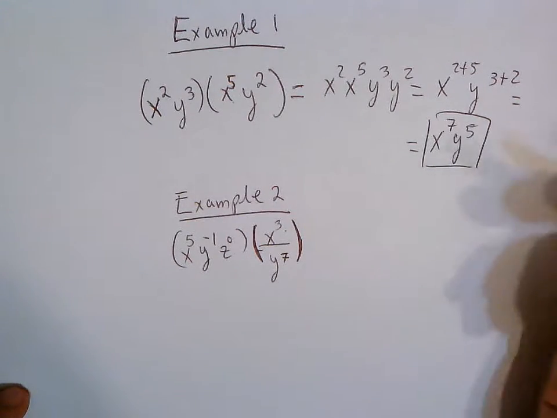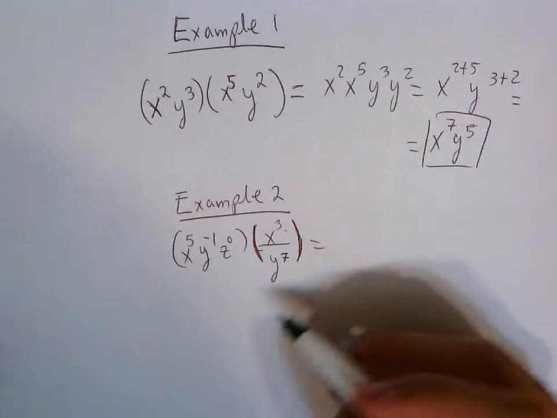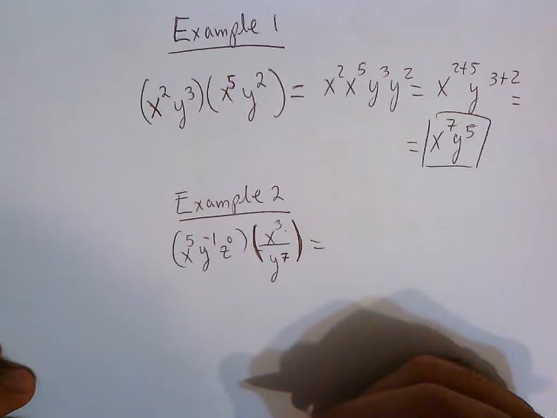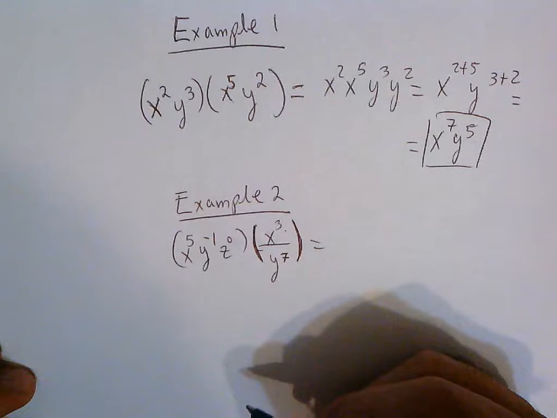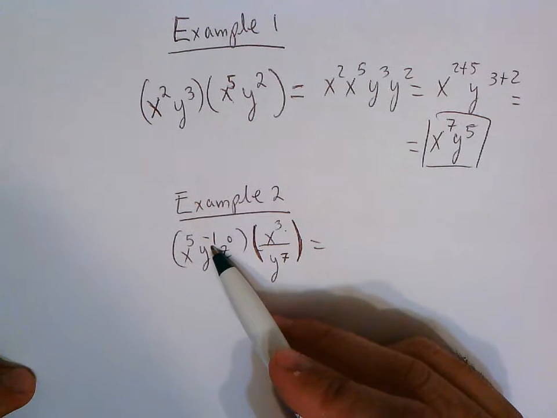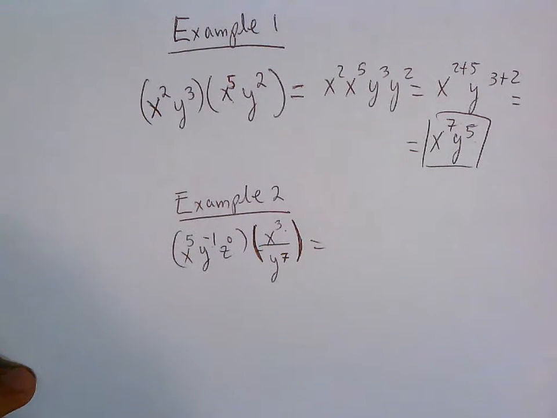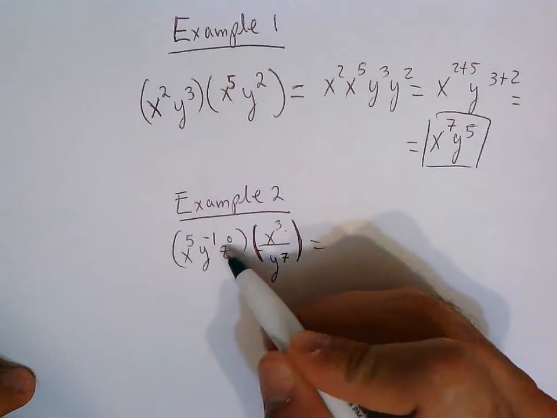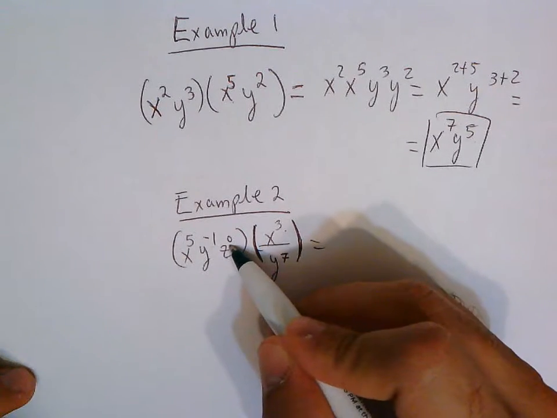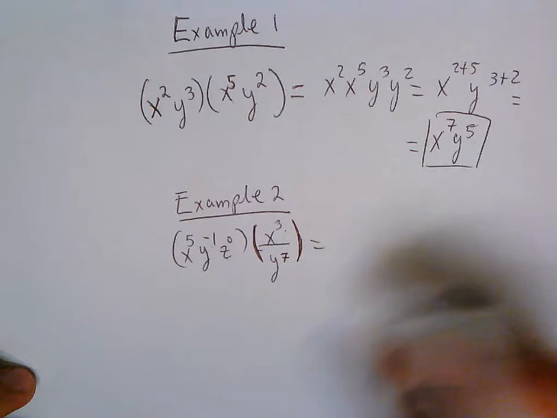Example number 2 is a little bit more complicated, and I will actually have to use more properties. I see that there's a negative exponent, so I might have to use the negative exponent property. And I also see that this z is raised to the power of 0, so I can use the 0 property. So let's start there.